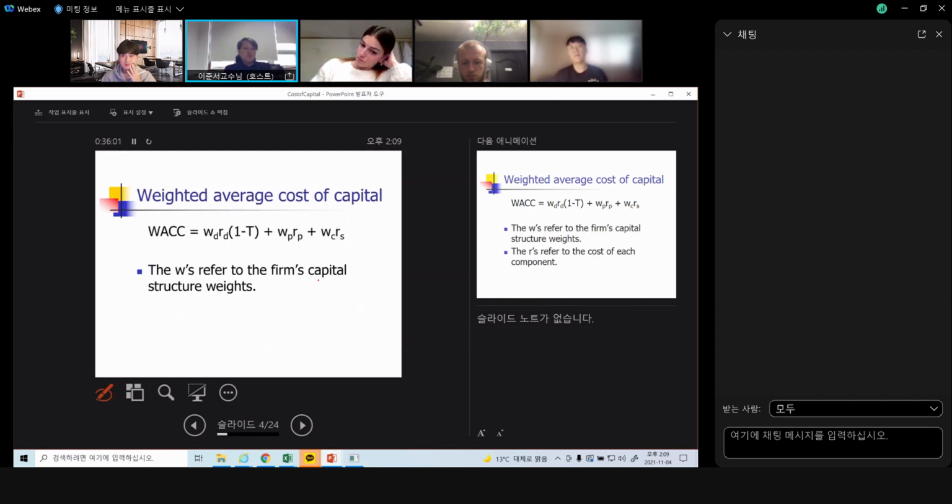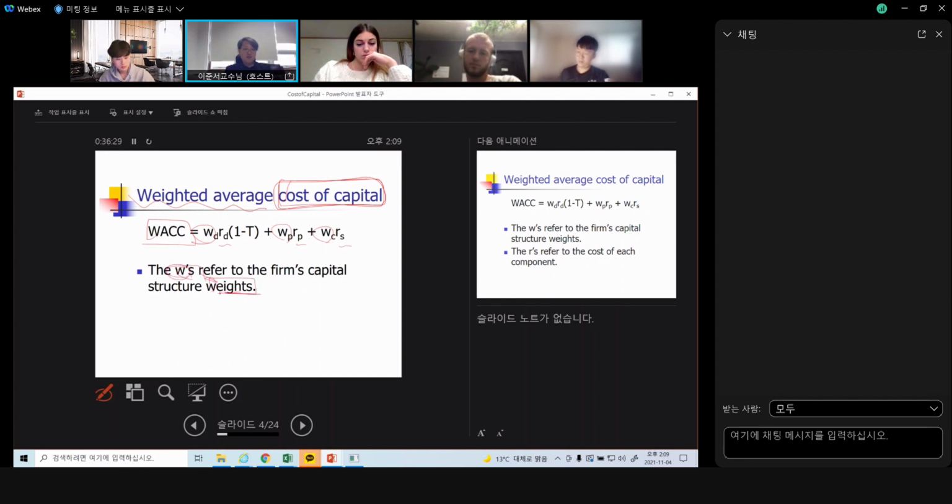So the weighted average cost of capital can be calculated as the weighted average of three resources: debt, preferred stock, and common equity. W in this equation refers to the firm's capital structure weight.